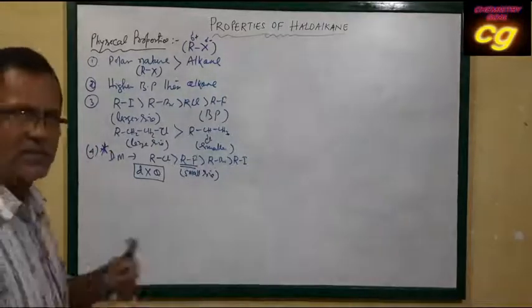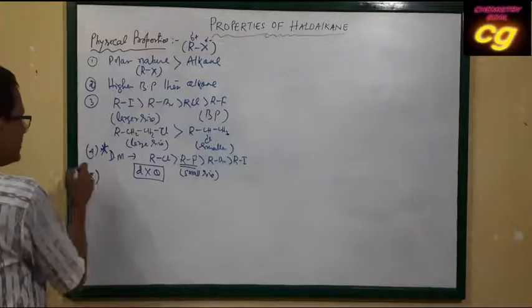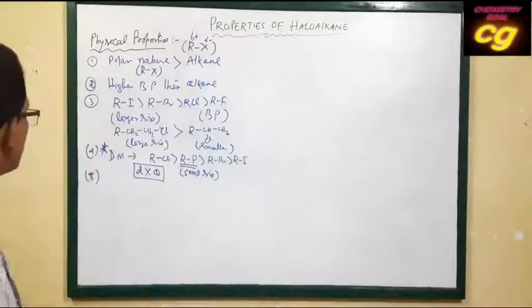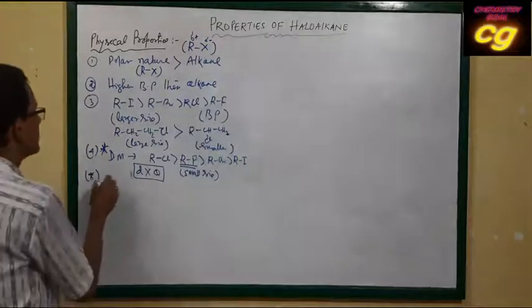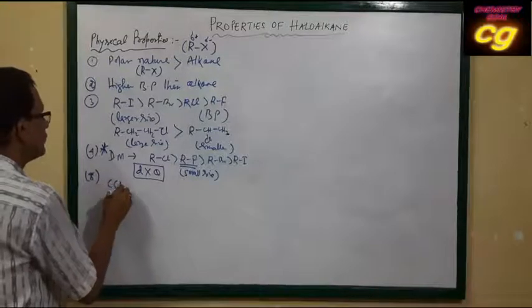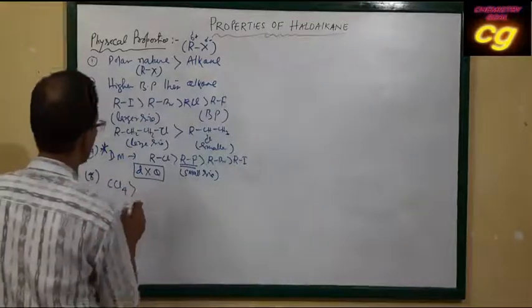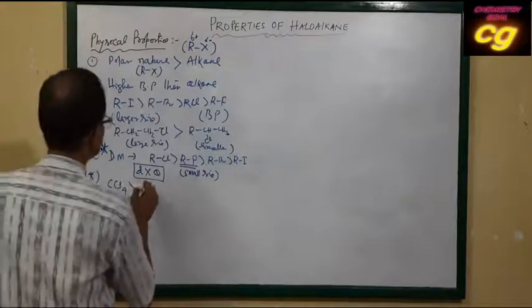Then the boiling point increases if the number of halogens increases. For example, CCl4 has a higher boiling point than CH3Cl.